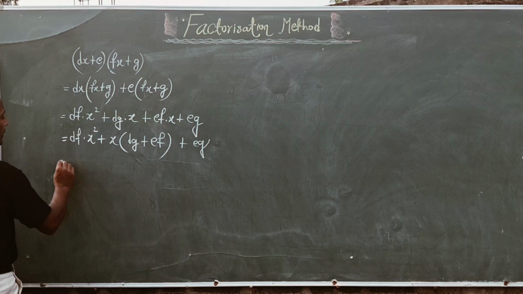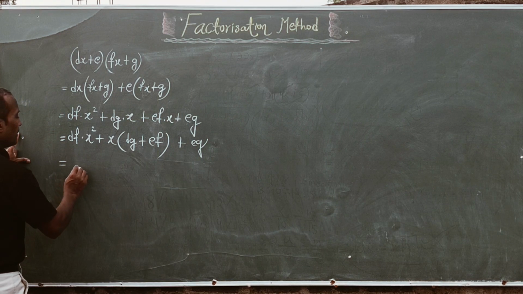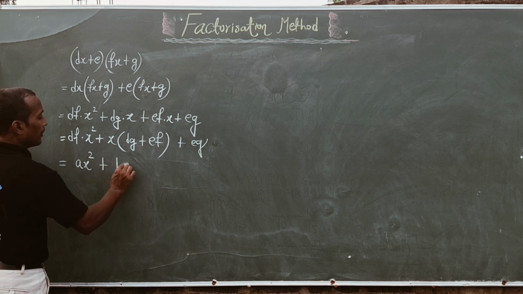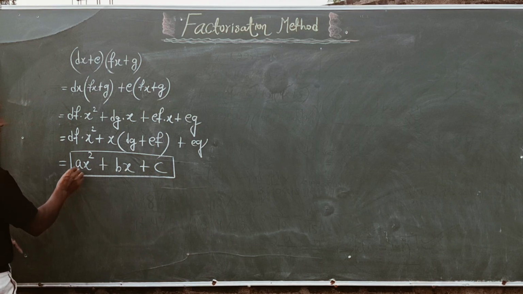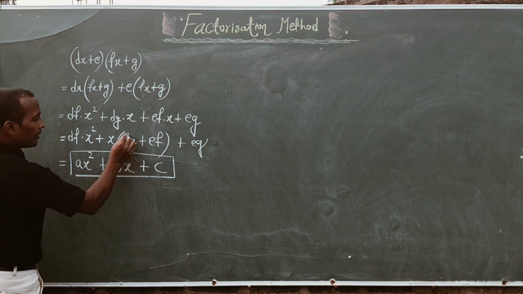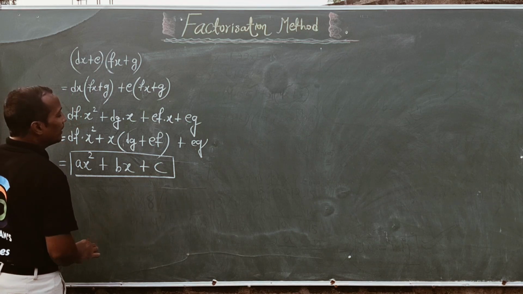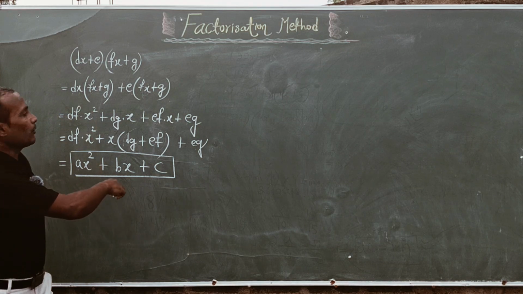If I compare, this is now in the standard form of our quadratic polynomial, in the form of ax square plus bx plus c. Here a represents df, b represents dg plus ef as a whole, and eg is represented by c. That's clear. Let me write the steps of multiplication backwards.